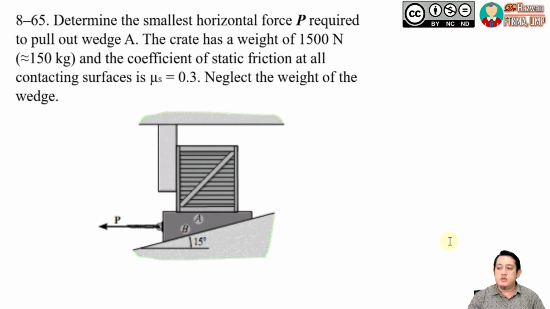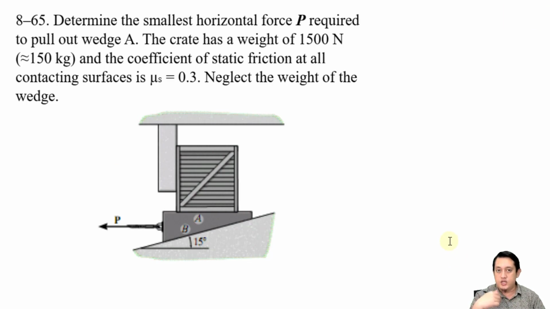First of all, as mentioned in the previous lecture video, check the link in the description below. We must draw the free body diagram first. Very crucial. So let's draw the free body diagram.